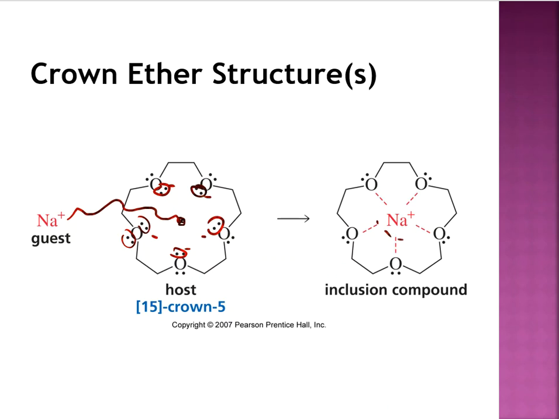And the reason it gets trapped is because it's now surrounded by all of these negative oxygens that carry free pairs of electrons. So this is the guest, this is the host, and the inclusion compound includes everything, and that sets up the caged network that it can then travel and release somewhere else.